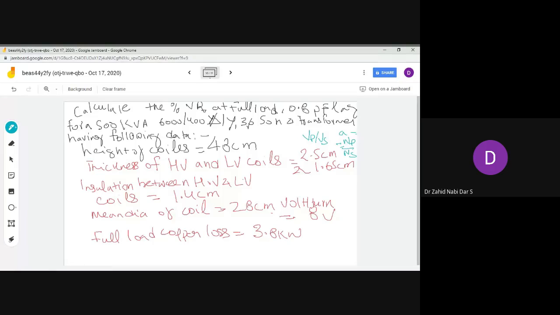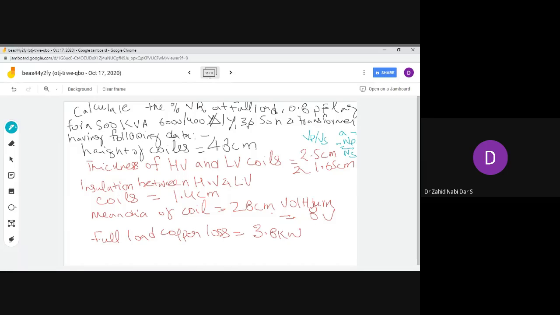Yes, sir. And Noor is there. So also you inform Noor that she will give on the transformer only. She can give on voltage regulation: what is voltage regulation of a transformer, and the calculation of the voltage regulation in terms of reactance.